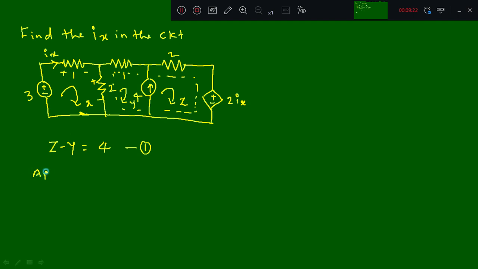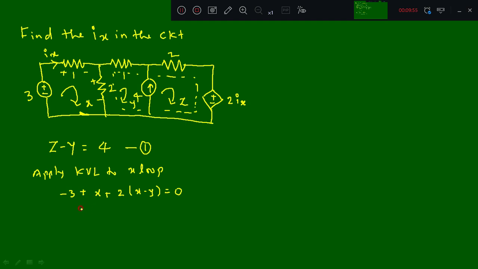Apply KVL to the x loop. So this is minus 3 plus x plus 2 into (x minus y) is equal to 0.